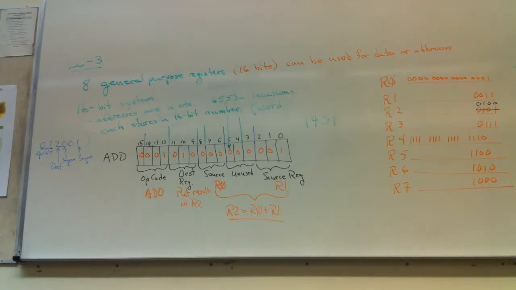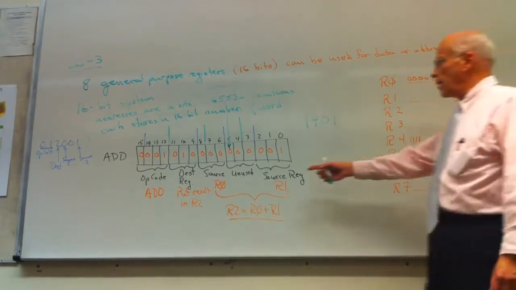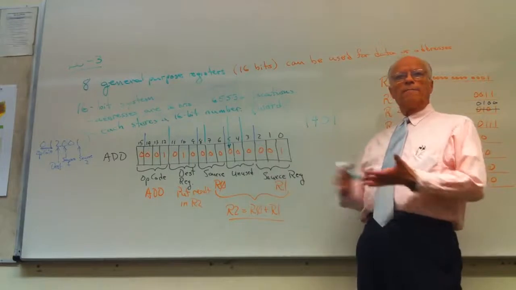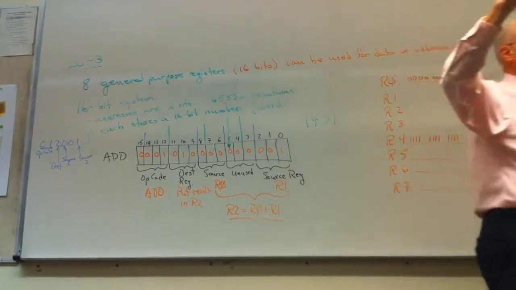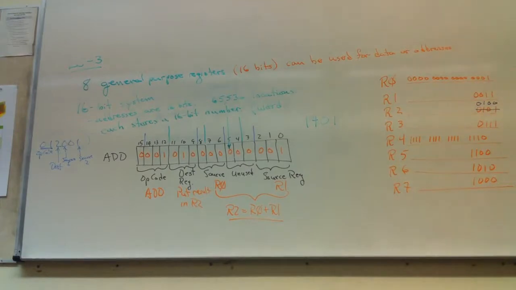Now, there are a couple of other things that we need to look at here, and then we'll get down and look at the instructions and see what's going on. We have to talk a little bit about how we get a hold of things in memory. How do we reference them? We know a little bit about how to reference the registers, but we've got all this other 65,000 words of memory out there.